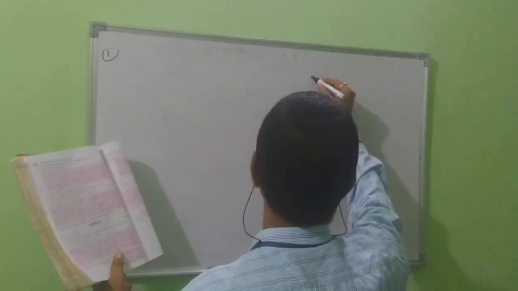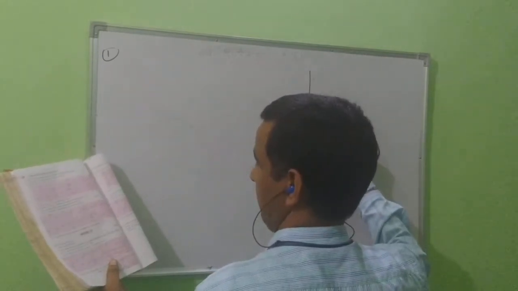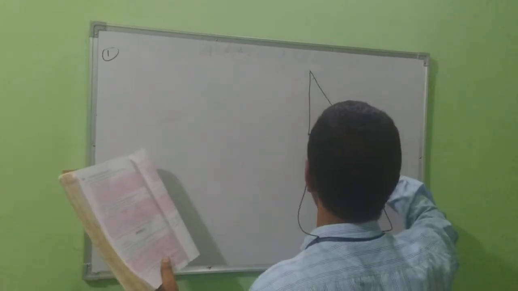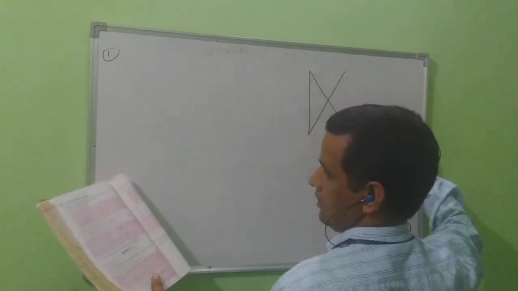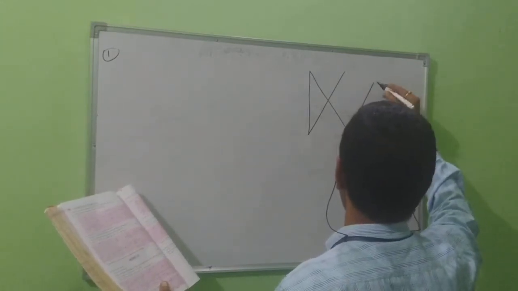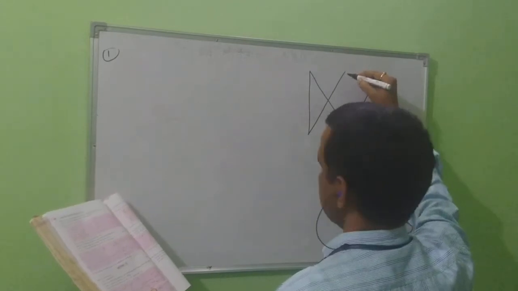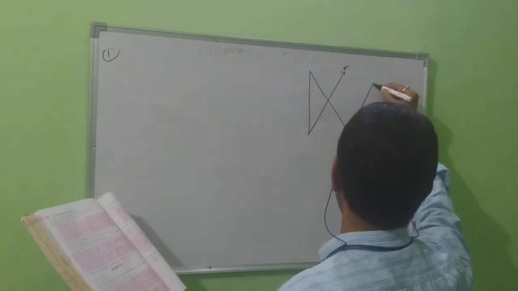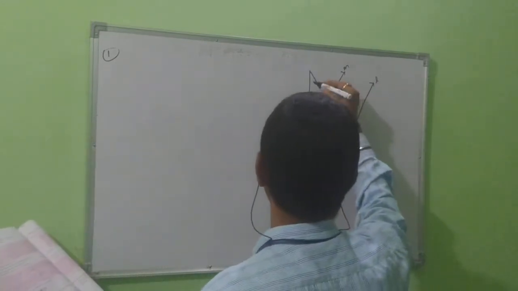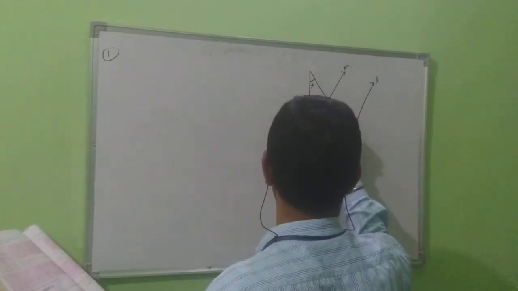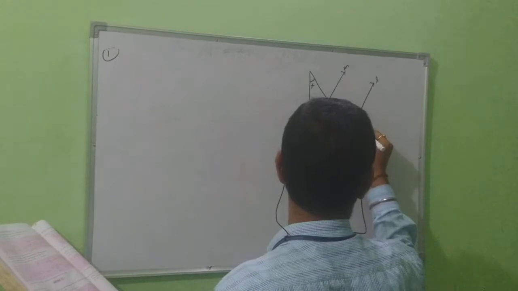This line is the M line and this line is the L line, and the value of this angle is x, 40 degrees, 60 degrees.